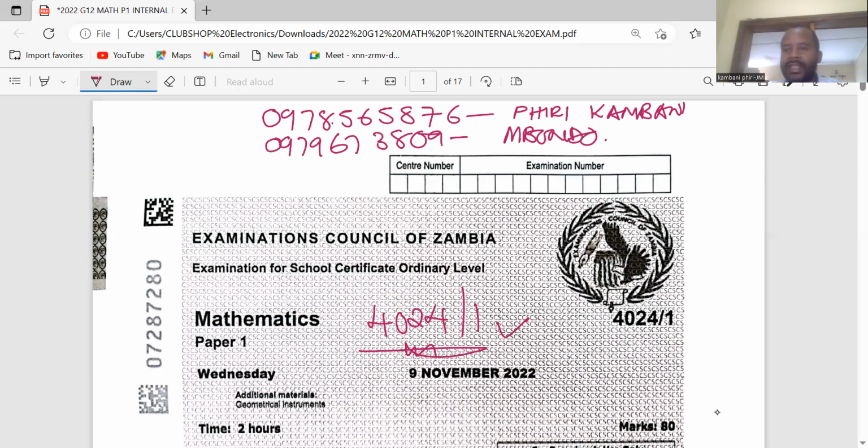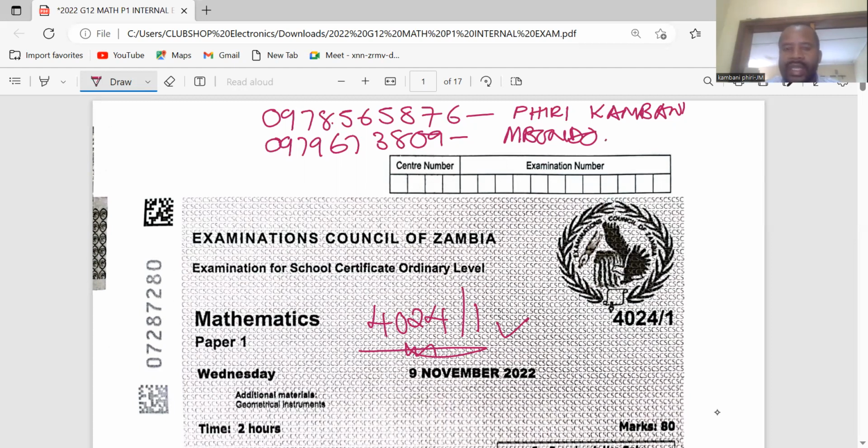So we want to sample just a few questions, like I mentioned in my preamble. But of course, I also want to explain something with regard to this paper. One thing that you realize is that nowadays ECZ is trying to get rid of identity, meaning that they don't want candidates to be identified by their names, but only the exam numbers.